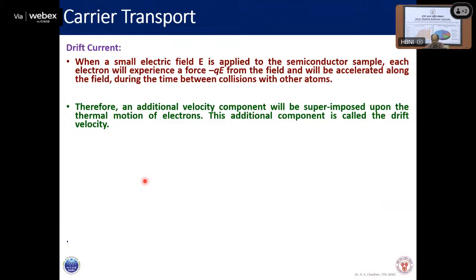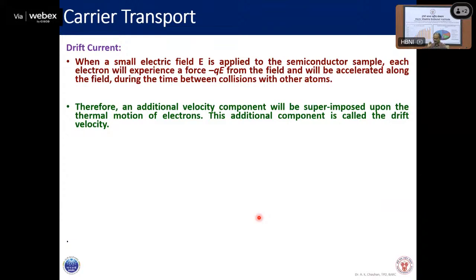So due to this application of potential, an additional velocity component is superimposed upon the thermal average motion, which was actually zero. This additional component is called the drift velocity.